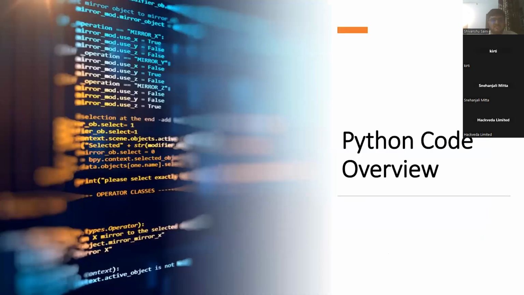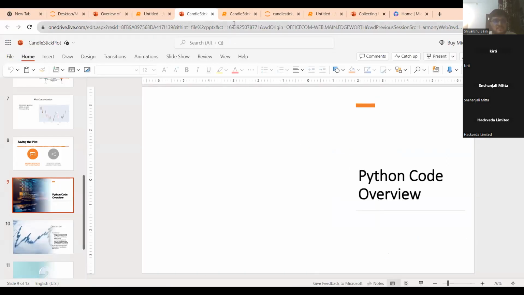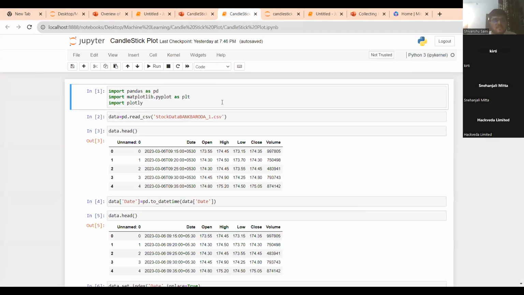Let's see some Python code. I have used pandas and matplotlib.pyplot for plotting the prices, and imported plotly for the candlestick plot.